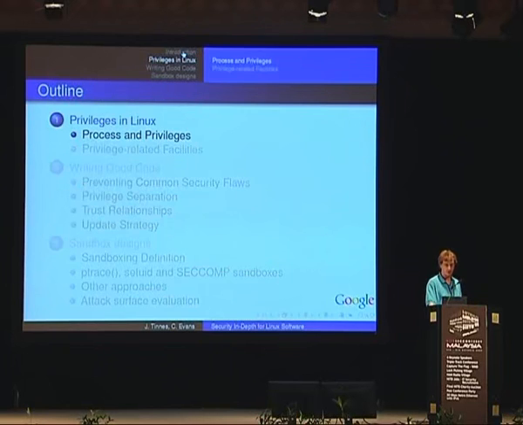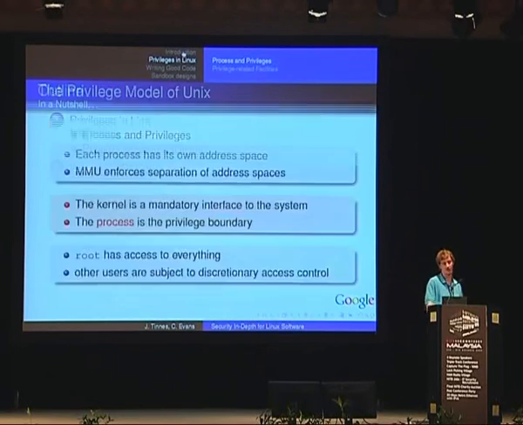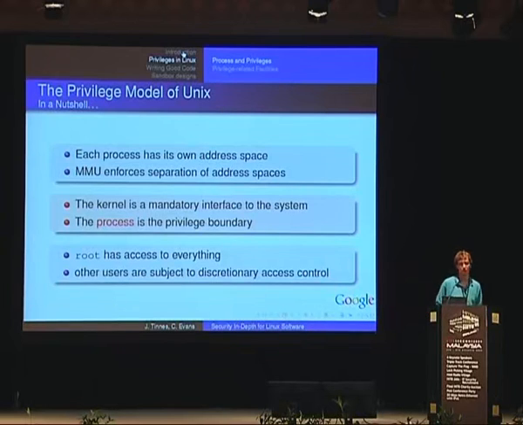In the first part, I will talk about processes and privileges in Linux in the classical sense, just as a quick reminder. The privilege model of Unix, in a nutshell: each process has its own address space, and the processor MMU enforces separation of different address spaces.